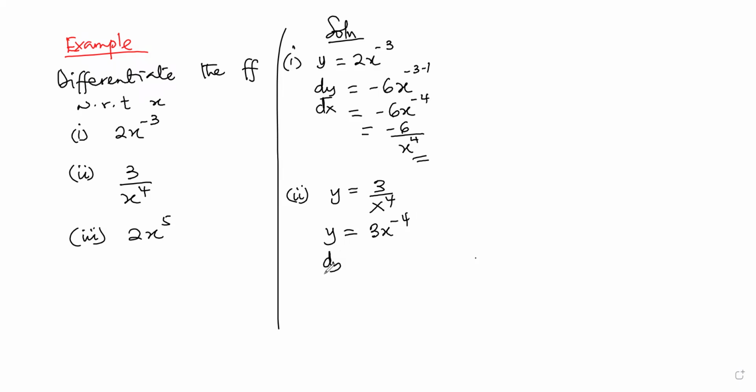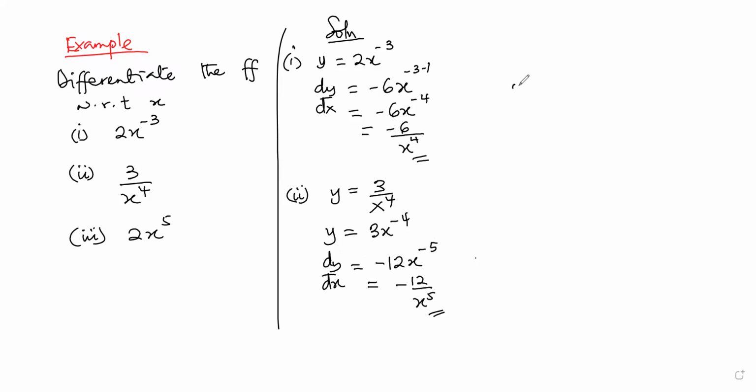Differentiating it means that negative 4 multiplies the 3, making negative 12, and x to the power negative 4 minus 1 gives me negative 5. So it's negative 12 over x raised to the power 5.